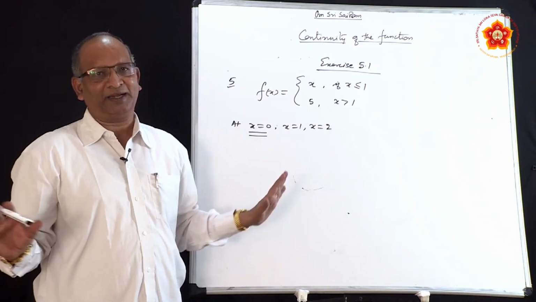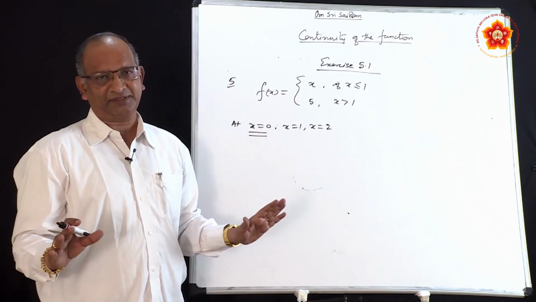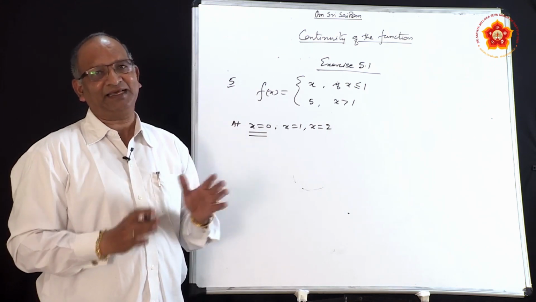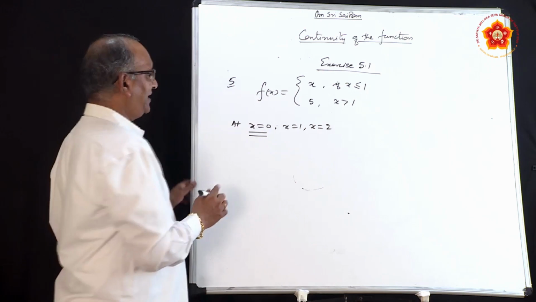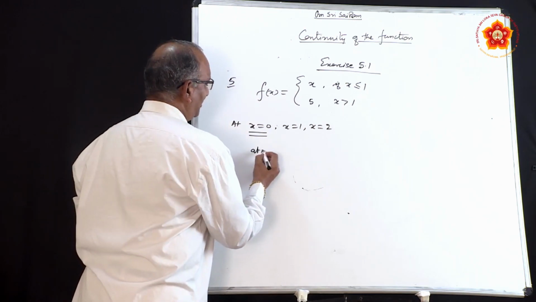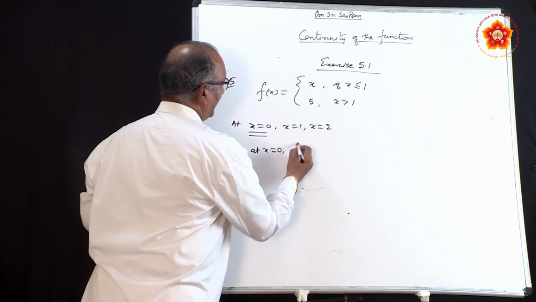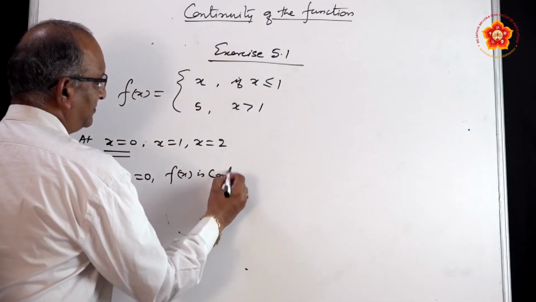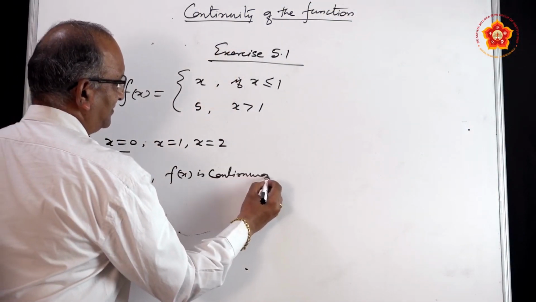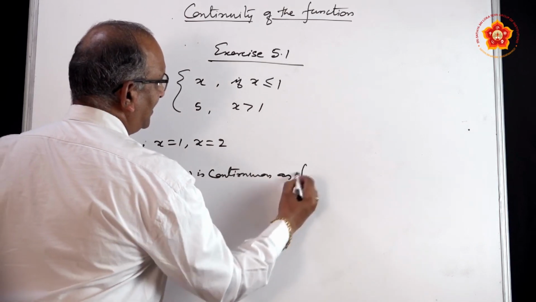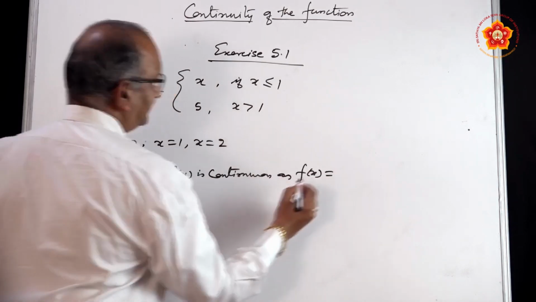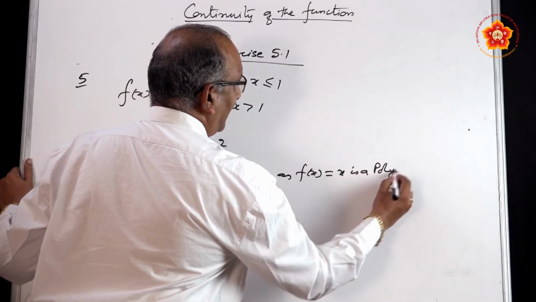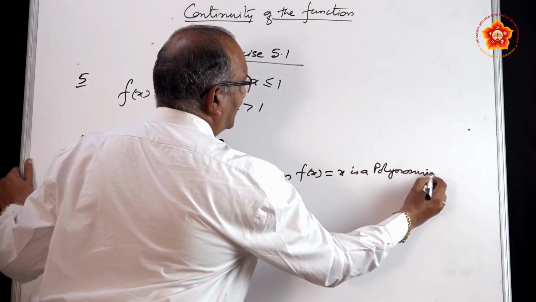At all other points, it is going to be continuous. But make it a point to mention it, because he has asked us a problem. So we will say at x equal to 0, f(x) is continuous, and give the explanation as f(x) equal to x is a polynomial function.